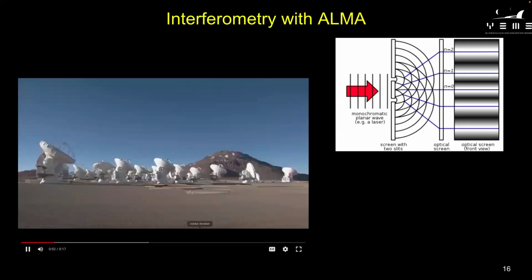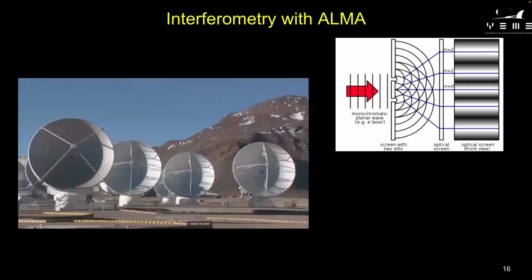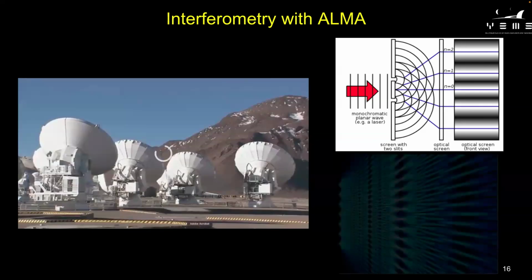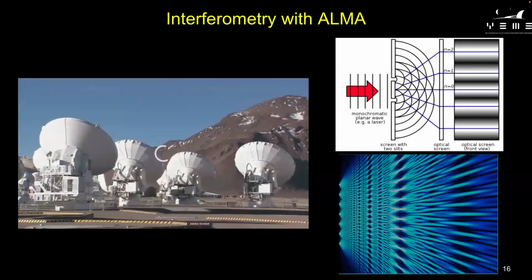There are many of these antennas, and they move because we have to set the array to observe certain things. It's just multiple antennas, but the density is not the same all the time.